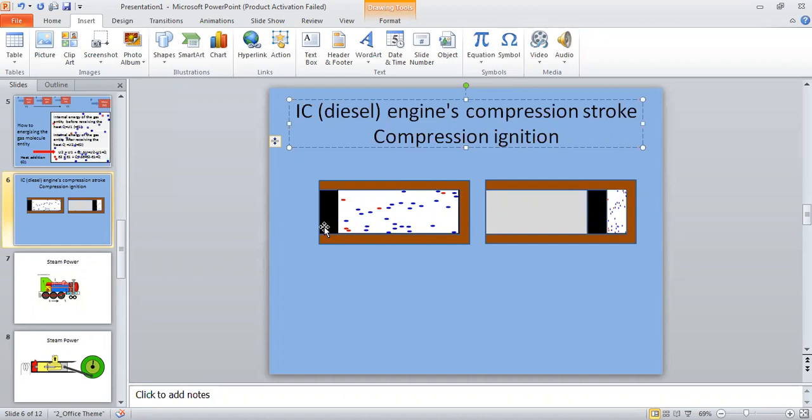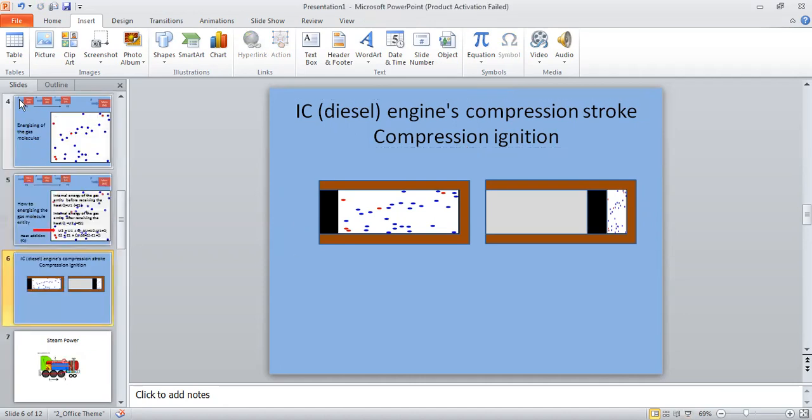So how is it possible to change this air entity from here to here? You call it compressing. So how are you compressing? You have applied force on the piston and the piston moves.